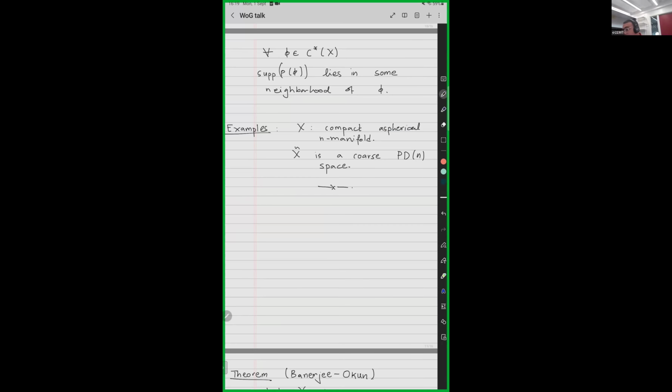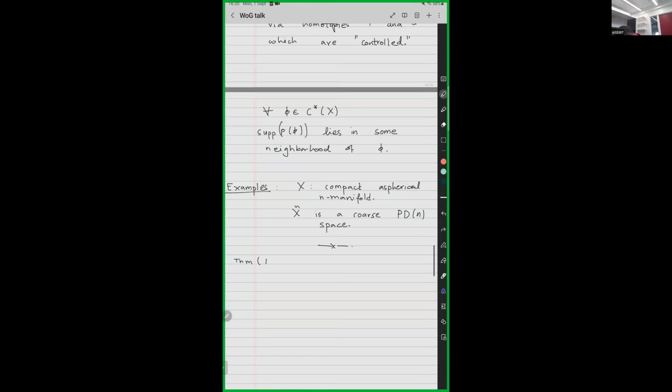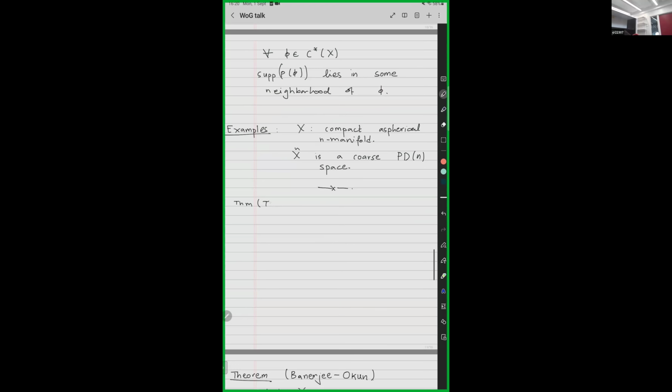So recently there was a result by Seleucides.